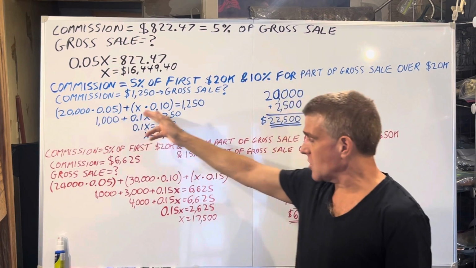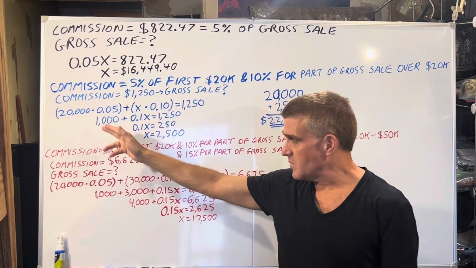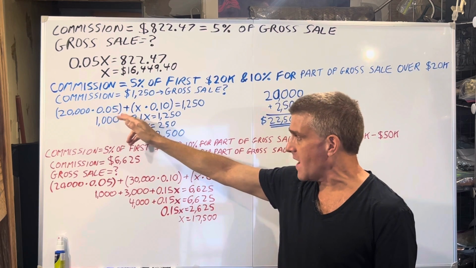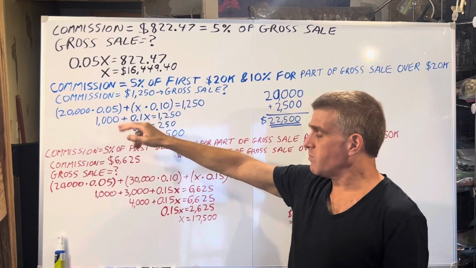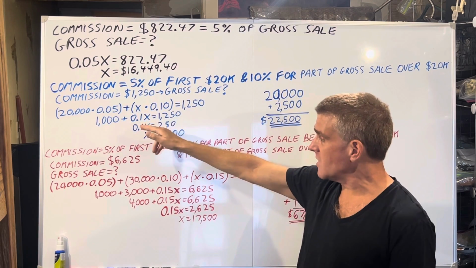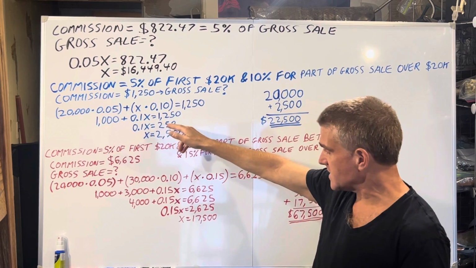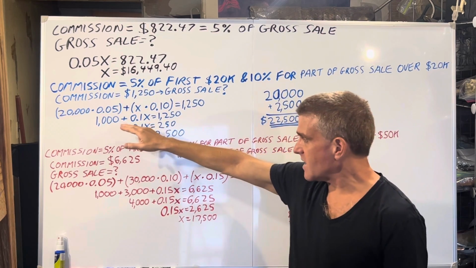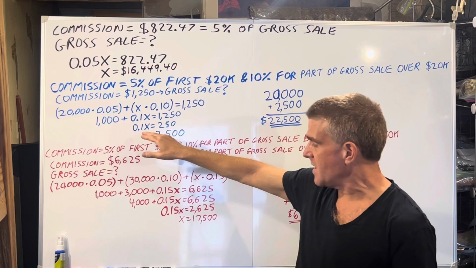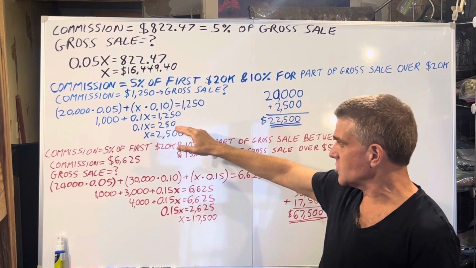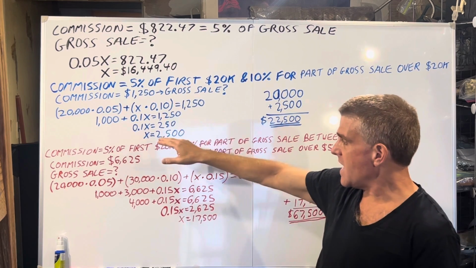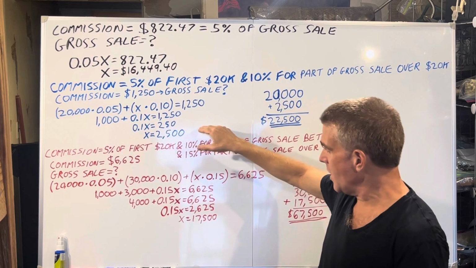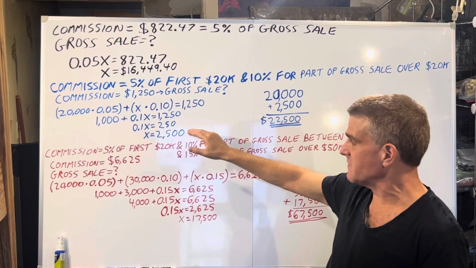So then this is our equation right here, and so then we solve for it. 20,000 times 0.05 is 1,000. Then we have 1,000 plus 0.1x equals $1,250. Subtract 1,000 from each side, and you've got 0.1x equals $250. And then divide each side by 0.1, and x is 2,500.